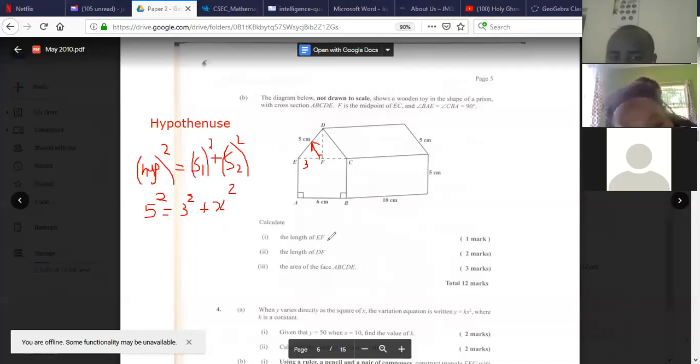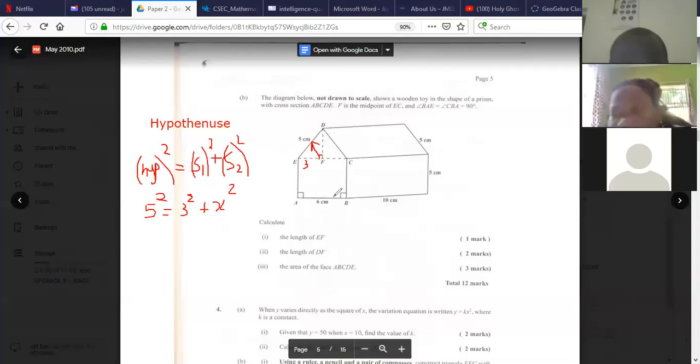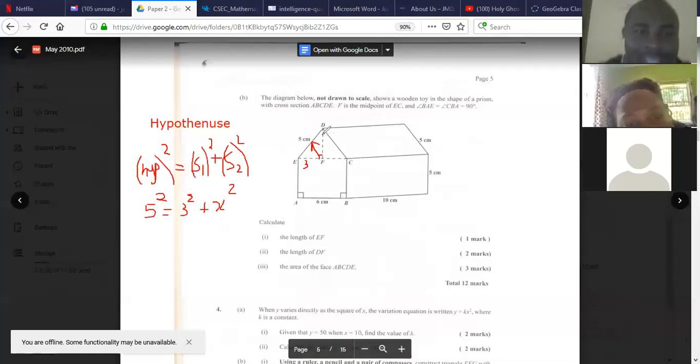Hold on. Are we trying to find the length of EF? We found EF is 3. So DF is what we are trying to find, using Pythagoras' theorem.